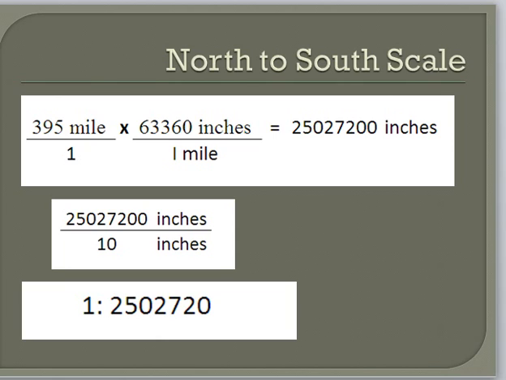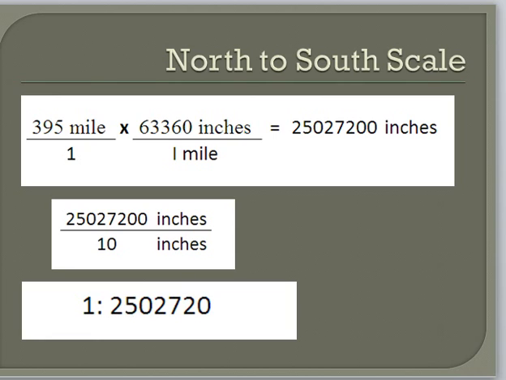I have to fit those inches on 10 inches of paper, so I'm going to divide the length of Arizona by my 10 inches, and the amount of reduction that has to happen is 1 to 2,502,720.